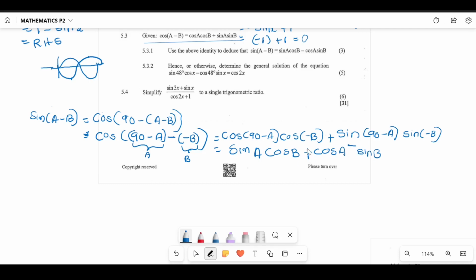That negative will come here now. So final step, sin a cos b minus cos a sin b, we proved. So what we proved is sin(A minus B) equals sin A cos B minus cos A sin B.